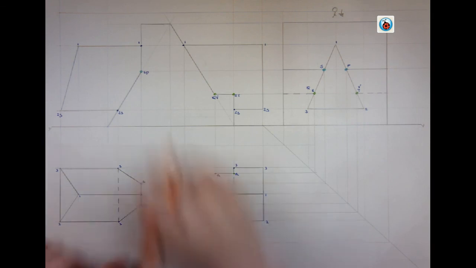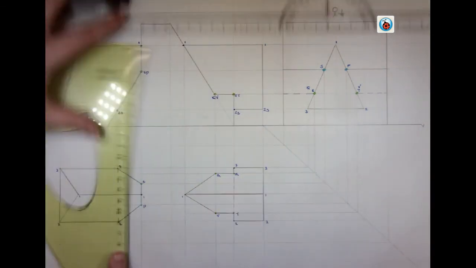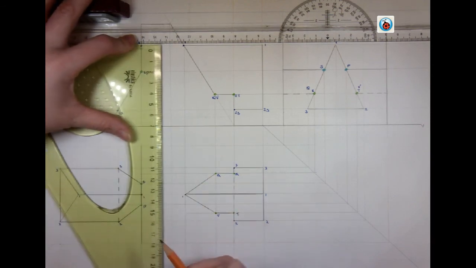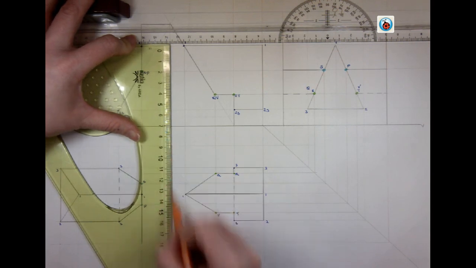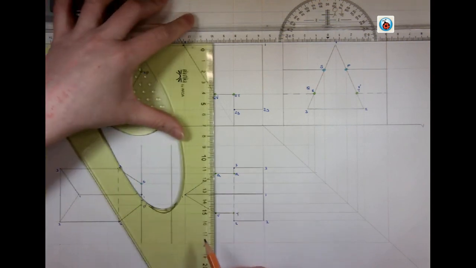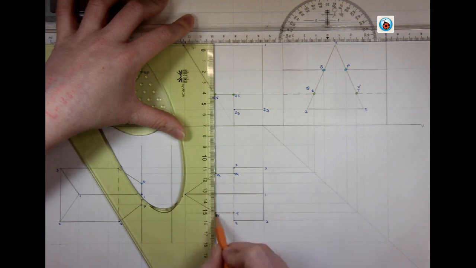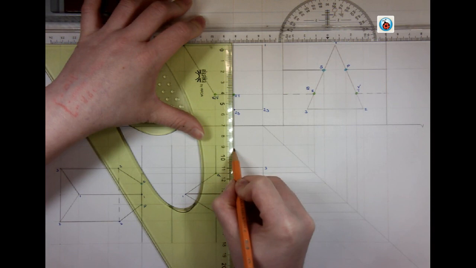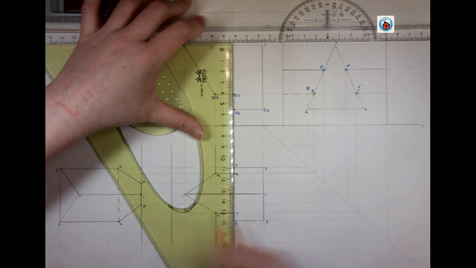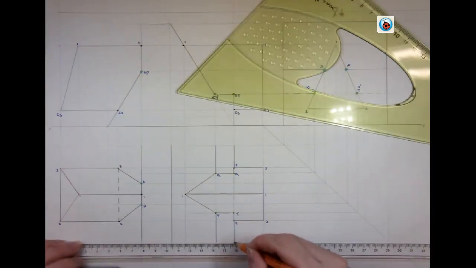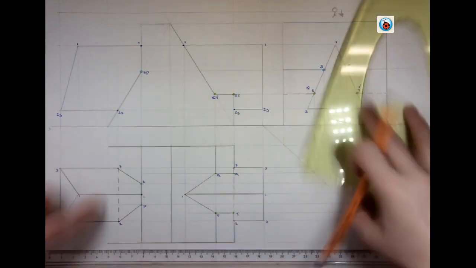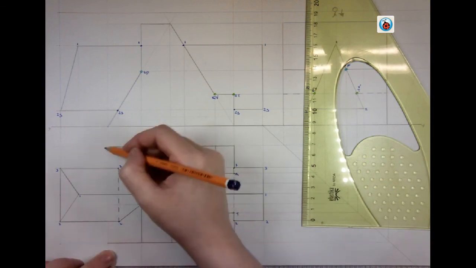Now we just need to draw in the rest of our actual shape. So look here. Over here, this full line will be still in existence.